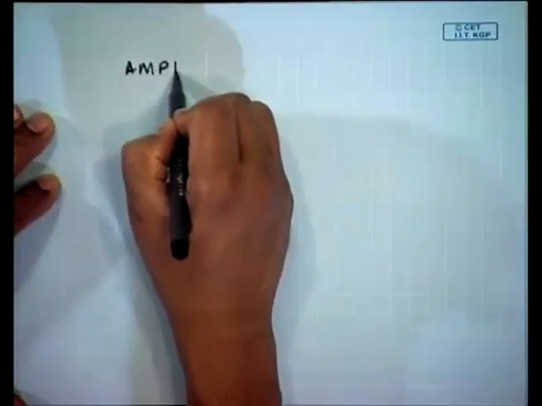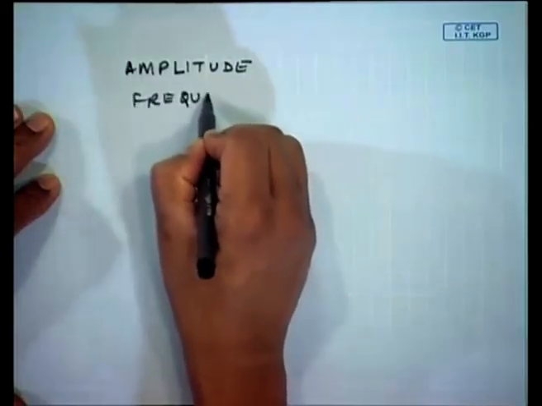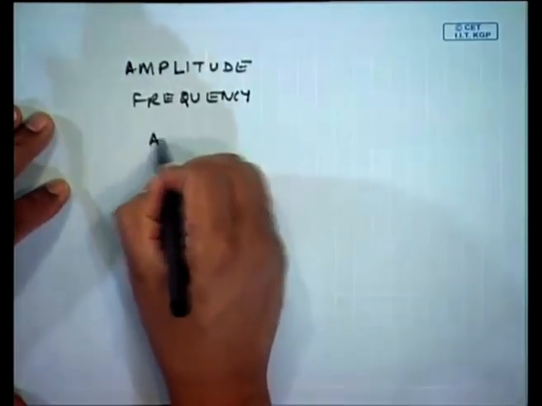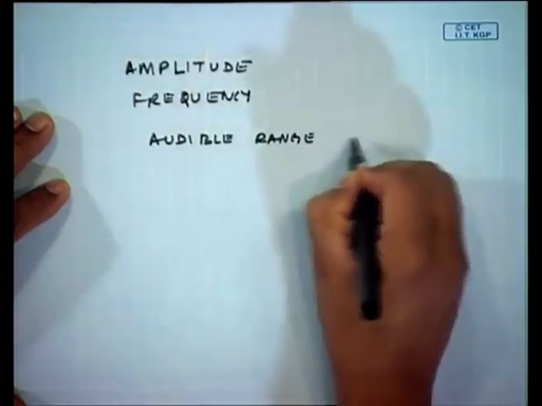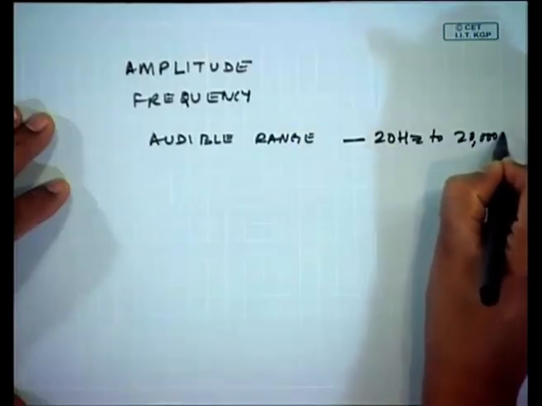Now, we have just discussed the sound pressure level in terms of amplitude, but again our ear has been made by God. This sound is also a wave, so it has an amplitude and it also has a very important quantity, which is frequency. So, the human ear has an audible range from 20 hertz to 20,000 hertz.